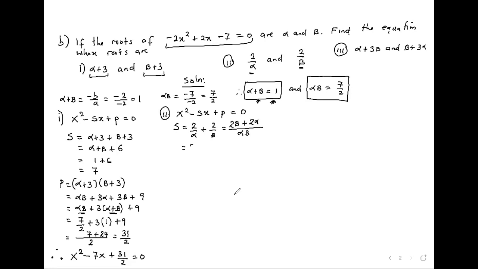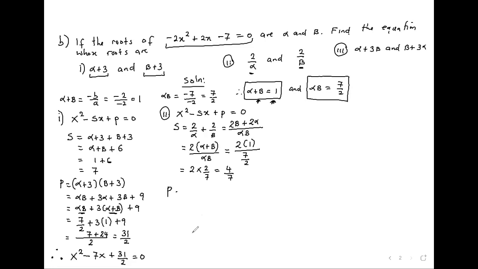So if I have 2, then we remain with alpha plus beta over alpha beta. What is alpha plus beta? It is 1. So we have 2 times 1 over alpha beta, which is 7 over 2, giving us 2 over 7 over 2, which is the same as 2 multiplied by 2, which is 4 over 7.